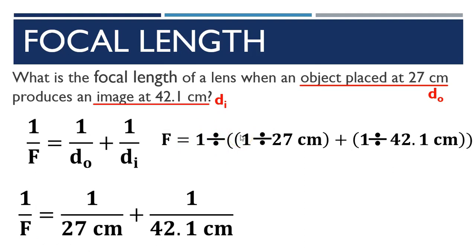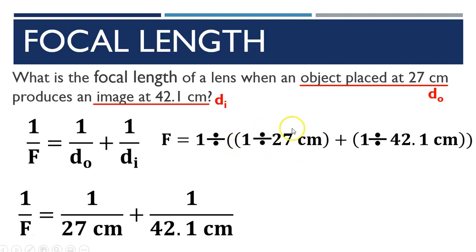That is very important. You must open 2 sets of parentheses in order for your calculator to understand. So 1 divided by 2 sets of parentheses open, 1 divided by 27, close the first set, plus, open another one, 1 divided by 42.1, and then you can close both sets of parentheses.